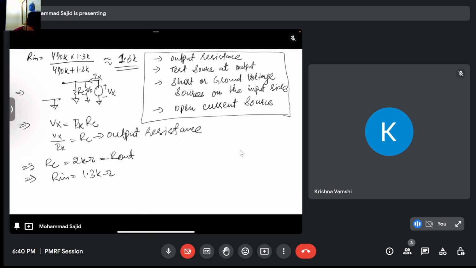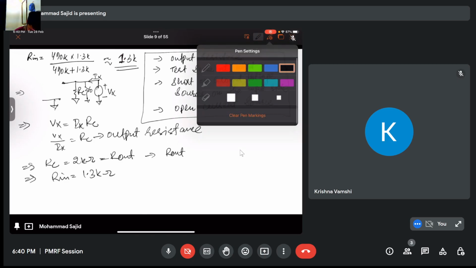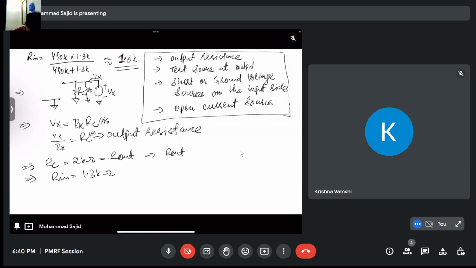So my output resistance is not just RC, it is RC parallel R0, and my RC is 2 kilo ohm, so output will be equivalent to RC R0 divided by RC plus R0.